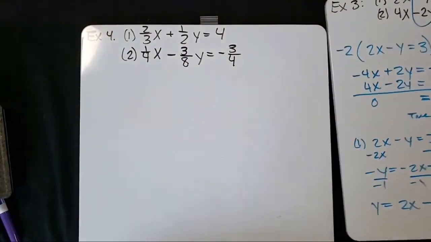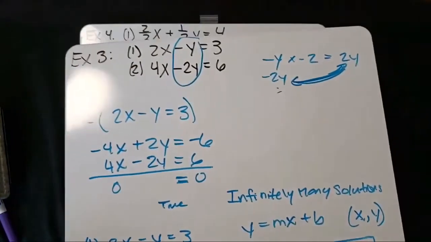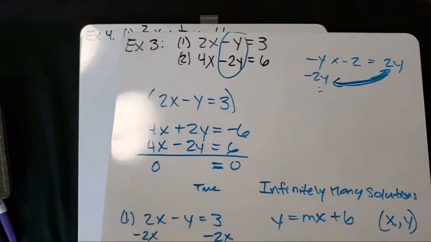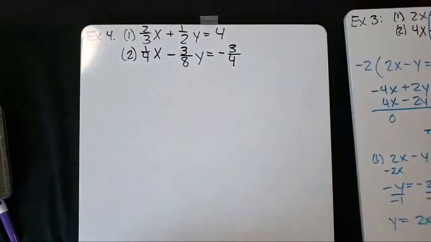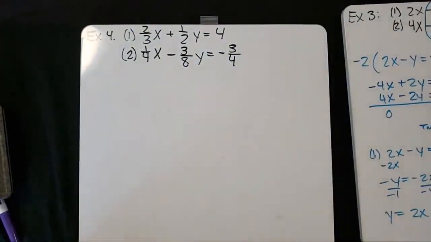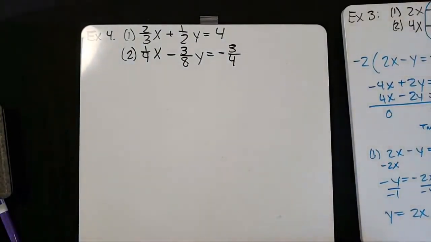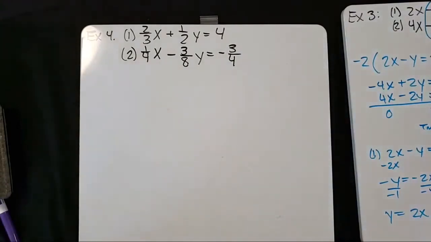Same thing we did for example 2 and 3, where we multiplied the whole equation by a number. That's what we're going to do over here. So because we have 2 or more fractions in these equations, I would recommend to find the LCM of the denominators and multiply by that first.